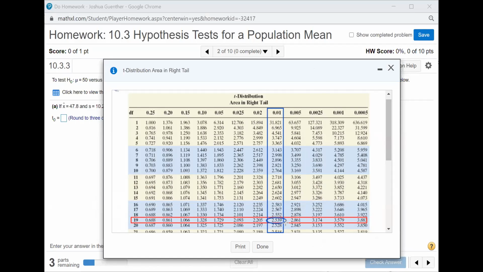So that's going to be our guy, except that's the area in the right tail. So the test statistic value, or the critical value, is positive. Here, it's going to have to be negative. So negative 2.539.